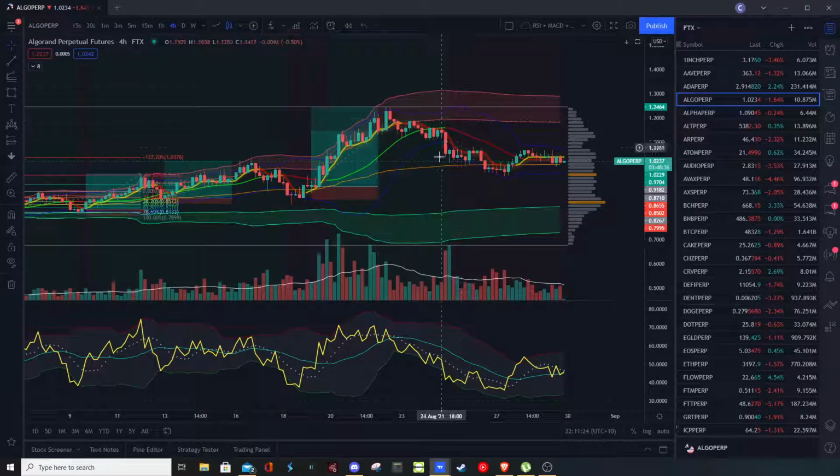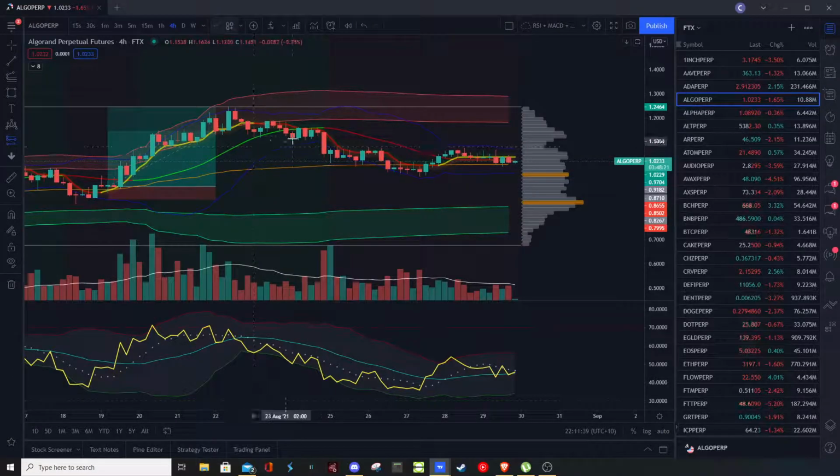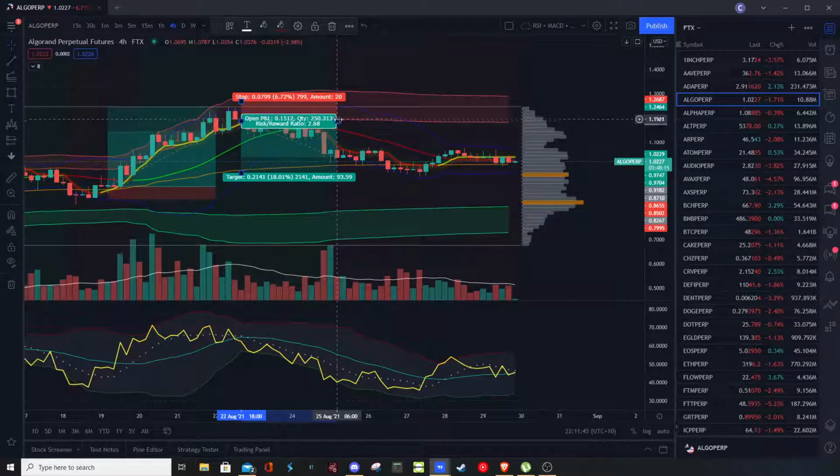Potential break under RSI at the overbought region. So RSI breaks under the 20 after overbought. Some bearish candles here, bearish momentum.